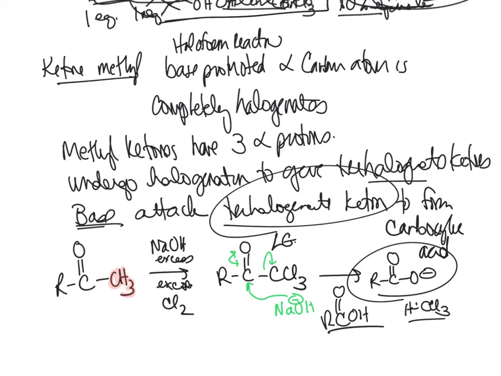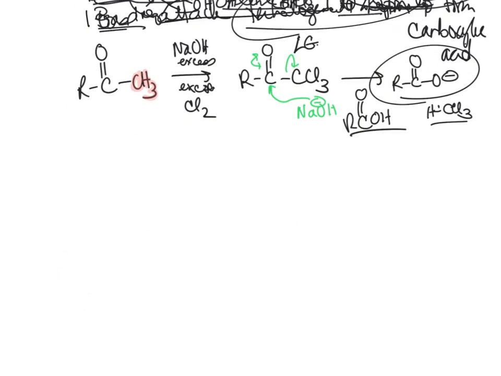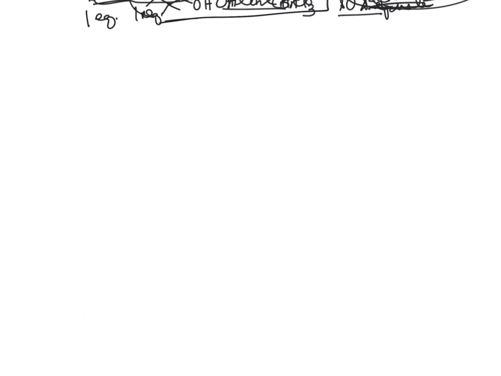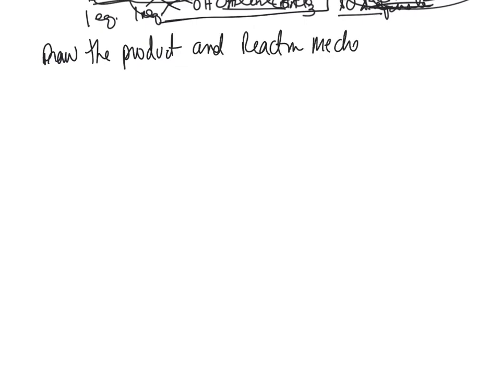I don't think I have any questions for you to work, so I'm going to add one. Okay, so here is your POGL exercise that you can add here. Let's draw the product and reaction mechanism for the following reaction.